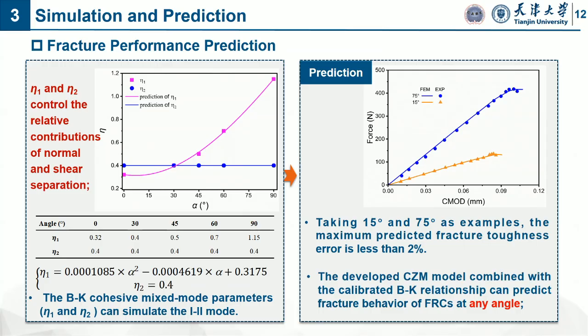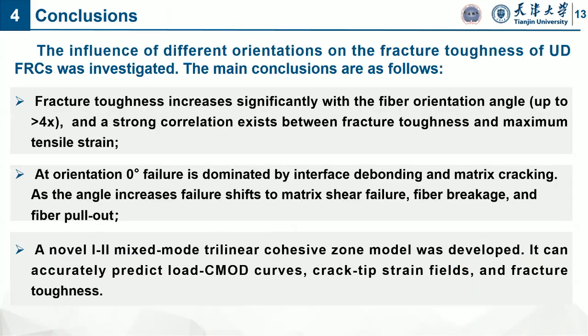Then we use this model and all the material constants to predict the 15-degree and 75-degree specimens. The simulation is very good, and the error is less than 2%. So that's the conclusion.